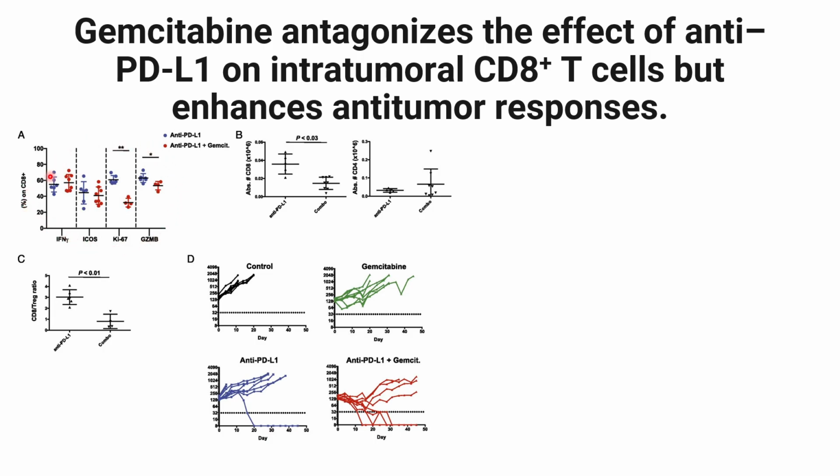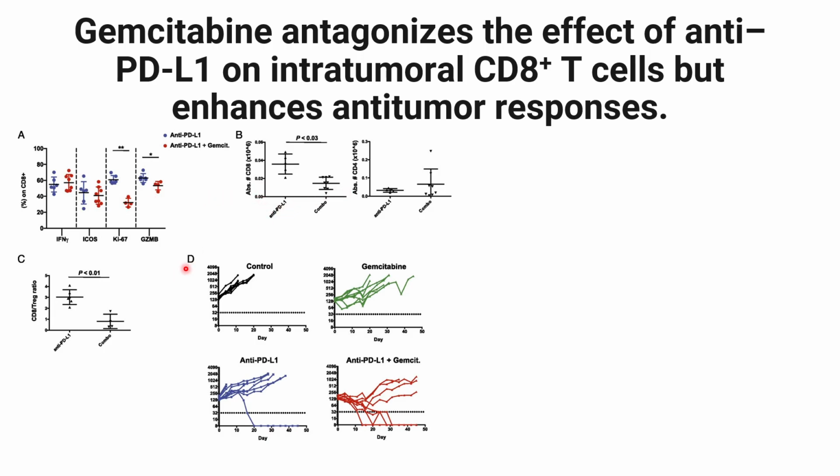And when they check the tumor tissues for the CD8 plus signals, they can see that there is a decrease in the Ki67 and GZMB. So this indicates that this gemcitabine reduces the tumor infiltrating lymphocytes.